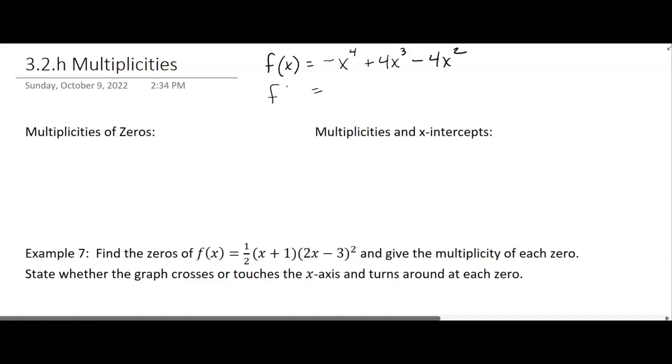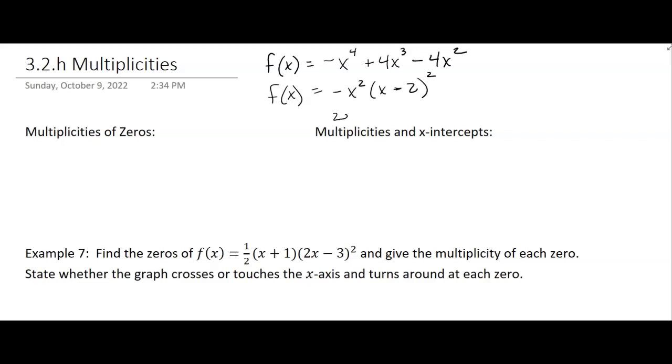So the function was negative x squared times x minus 2 squared. Okay, that's what we got when we factored it. And we found the zeros. The zeros were 0 and 2. Okay, so remember all that.